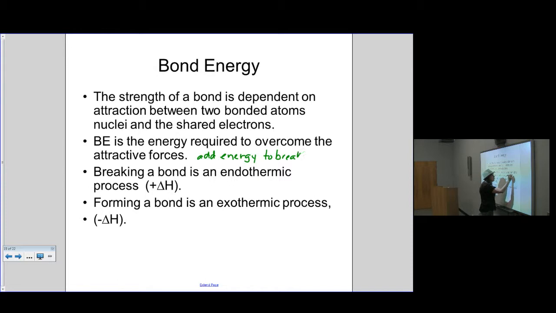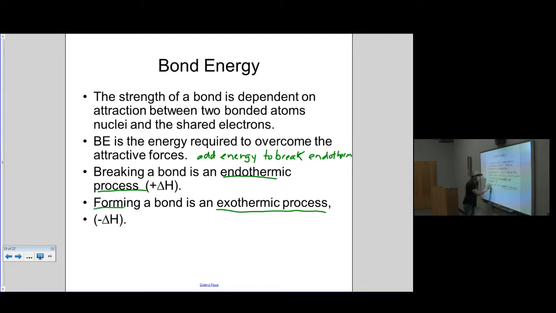So the bond has to absorb energy, that's endothermic. When we form a bond, we're going to release some energy, and that's exothermic.